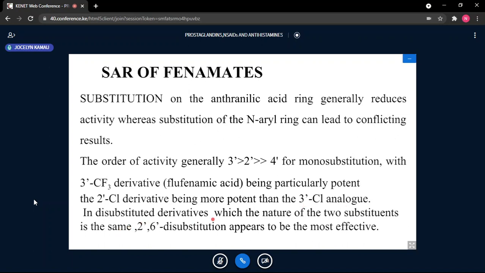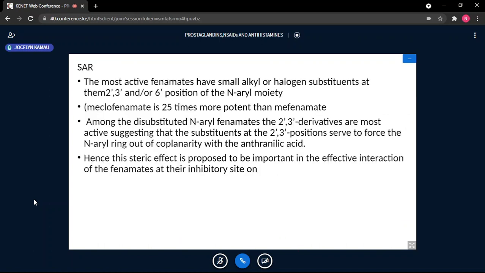In disubstituted derivatives, where the nature of the two substituents is the same, the 2',6' disubstitution appears to be the most effective. And this is very easily explained. 2',6' pushes the other ring out of coplanarity, especially where we are talking about meclofenamic acid.